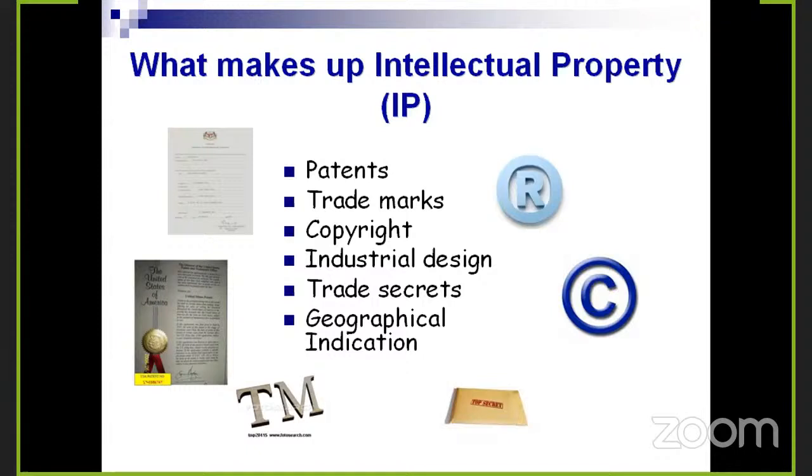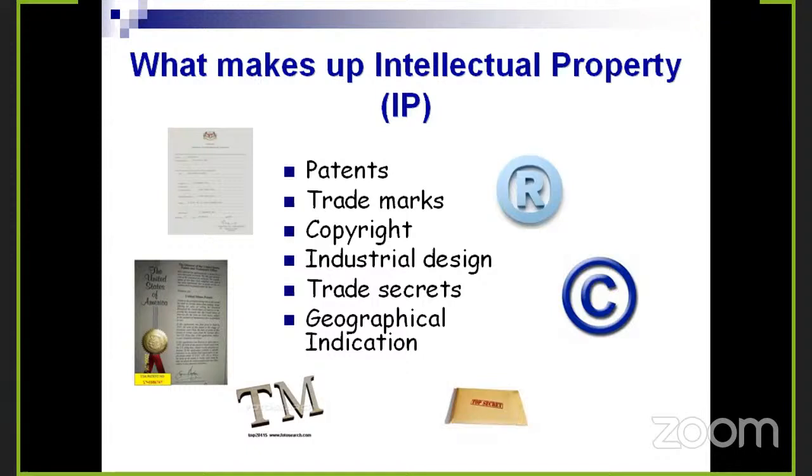If a product is unique in terms of its structure, the way it is made, and that structure also gives it a unique function, then that will not be protected through an industrial design. But if the outward appearance of the product just gives it a unique look and an aesthetic appeal, that can be protected through an industrial design.